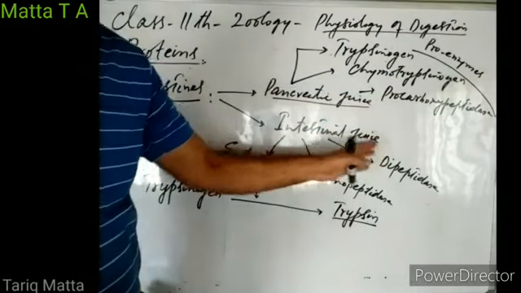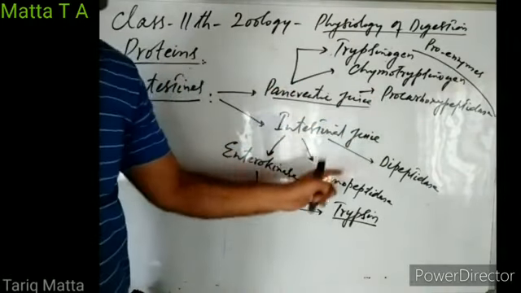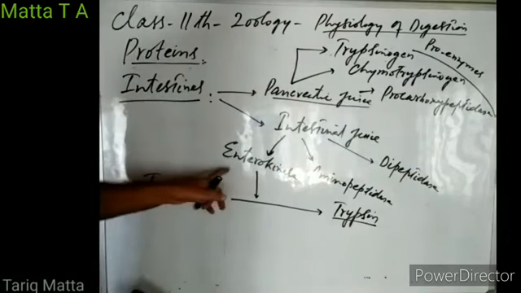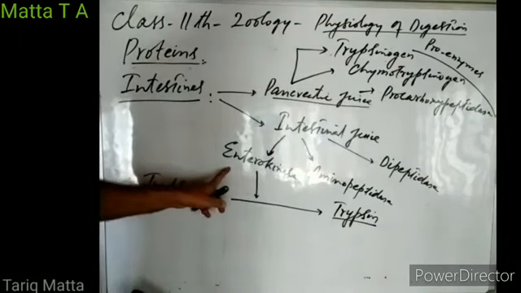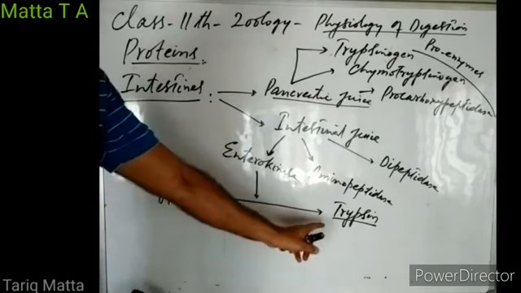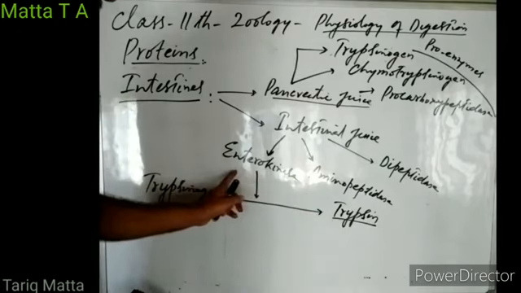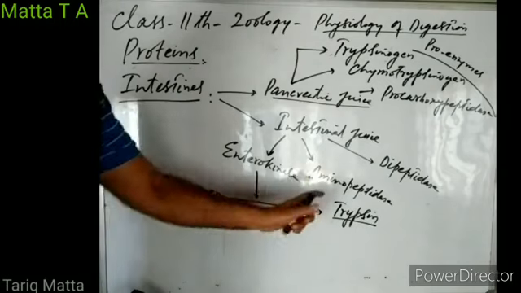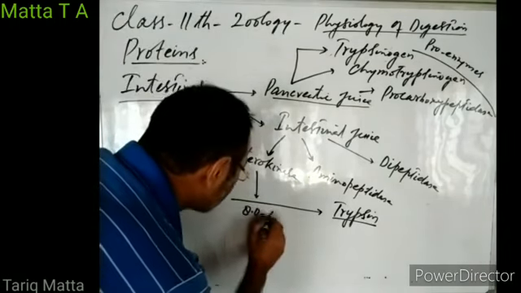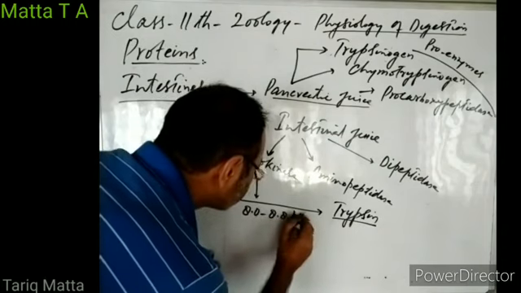Chymotrypsin, carboxypeptidase, aminopeptidase, and dipeptidase are directly involved in protein digestion. But enterokinase is not. Then what is its role? It is only involved in conversion of trypsinogen into trypsin, in an alkaline medium, 8.0 to 8.8 pH.